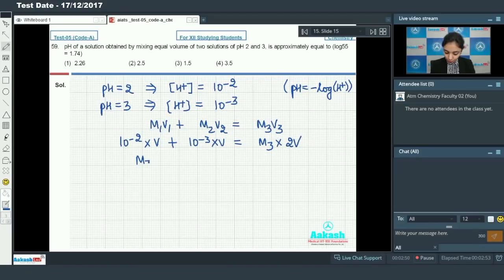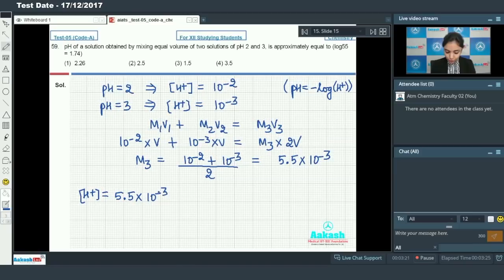So the final concentration will be equal to 10 raised to the power minus 2 plus 10 raised to the power minus 3 divided by 2. I hope this is clear to you. Now it is equal to 5.5 into 10 raised to the power minus 3. So now you have got the concentration of H plus, that is 5.5 into 10 raised to the power minus 3.